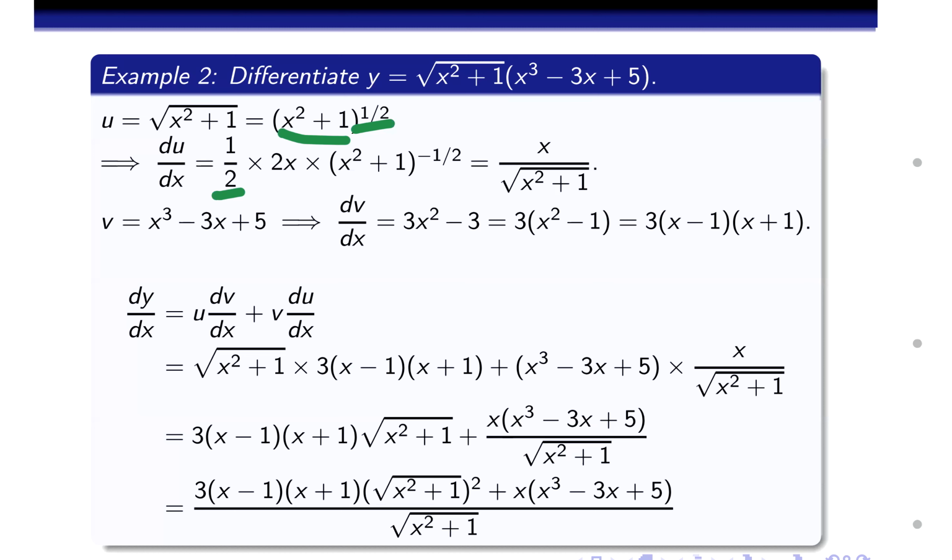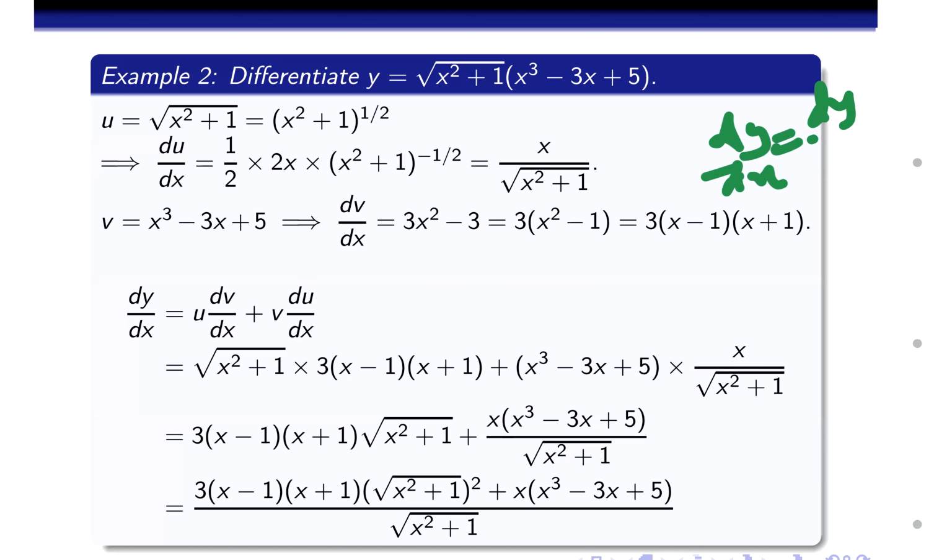So again, bring down the power, differentiate inside the bracket, and keep the original thing, but then the power reduced by 1. And that's where you have done your function of a function without having to do du dx times dx du or something like that. Normally dy dx is equal to dy du times du dx.